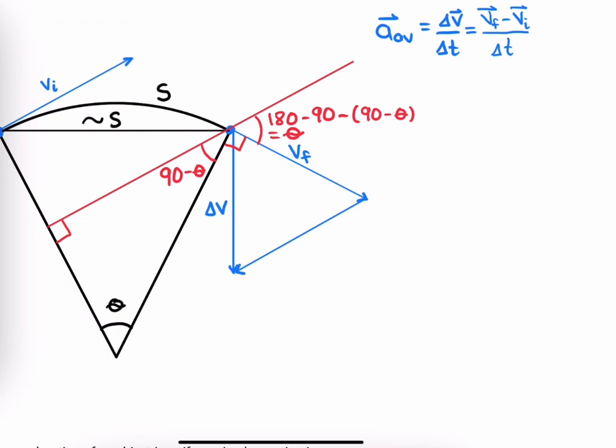So let's see what else we can do with this. Let's look at this line here and this line here. Well, that red line is perpendicular to the radius of our original circle.